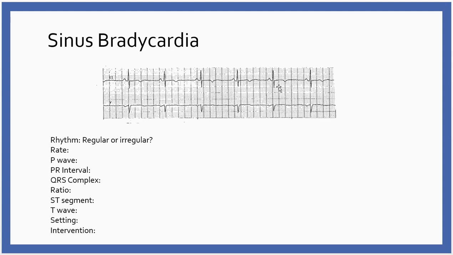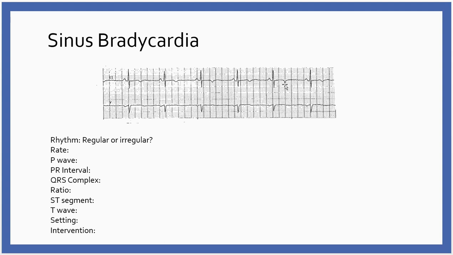From here to here, I've got 2 big boxes, which is 0.40, plus 2 baby boxes, so about 0.44.